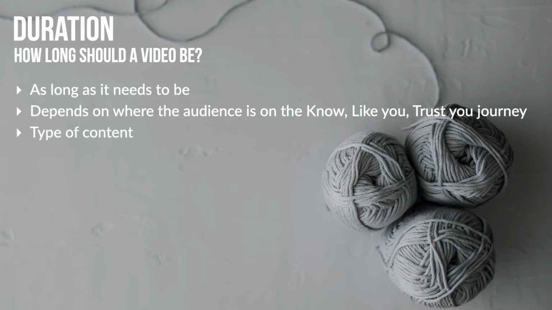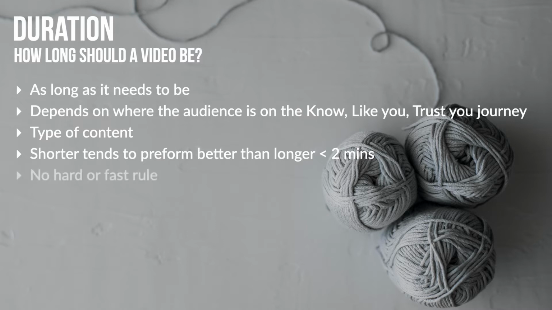Duration probably will depend on the type of content. It does depend on the platform as well. If you're doing a video for TikTok, they're going to be short, right? They're going to be 30 seconds. If you're doing stories for Facebook, again, they're only 15-second clips. So it does depend on where they are. As a general rule, if you're doing social media, I think shorter tends to perform better than longer, and I'll come on to more about that in a moment.